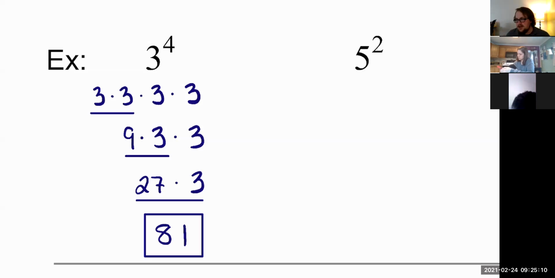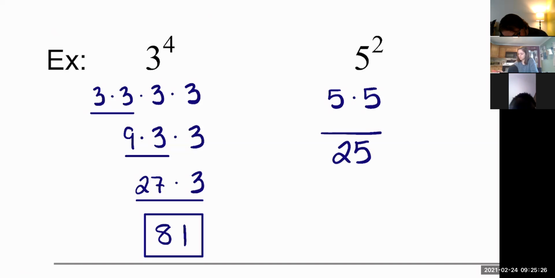Now, the next one, again, relatively simple. What is 5 to the power of 2? What is it essentially telling us to do? 5 times 5. So 5 multiplied with itself 2 times. So 5 times 5 would give me 25. Now, so far, these two examples weren't too big of a lift for us to work out by hand.